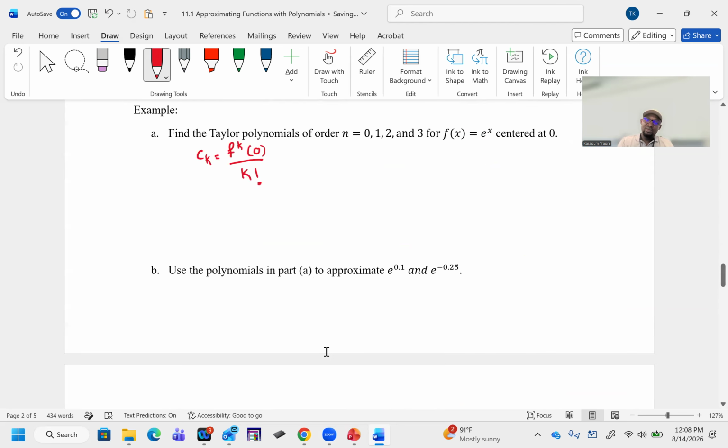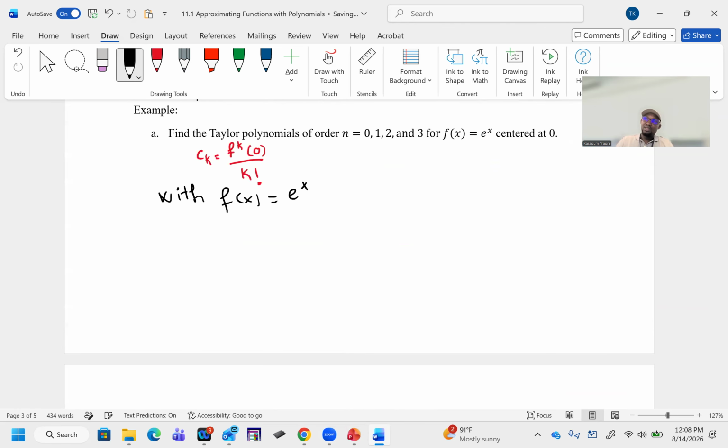So now, we know f of x is equal to e to the power of x. We can see the kth derivative of f of x will still be e to the power of x.